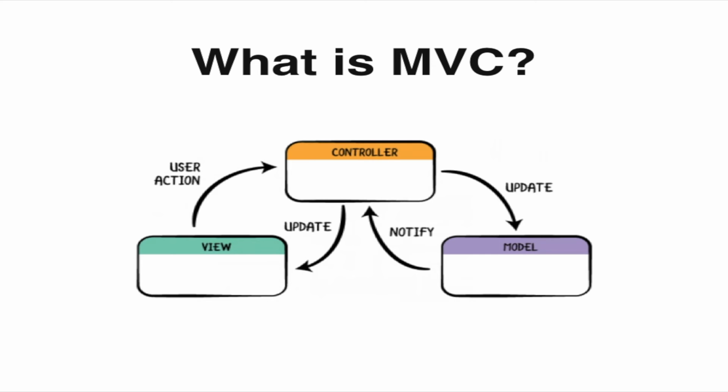The process between model, view and controller works simply on a request and response basis. In iOS application development, whenever you create any application, this MVC architecture is the default.